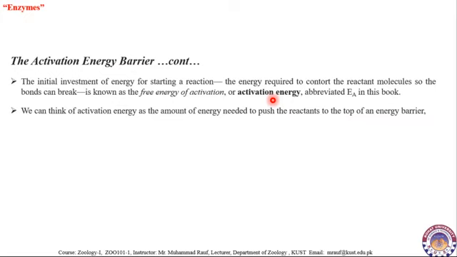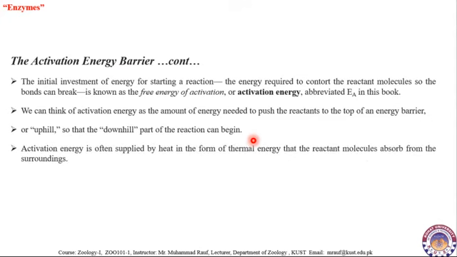We can think of activation energy as the amount of energy needed to push the reactants to the top of an energy barrier, or uphill, so that the downhill part of the reaction can begin. Activation energy is often supplied by heat in the form of thermal energy, which makes the bonds unstable. The reactant molecules absorb it from the surroundings.